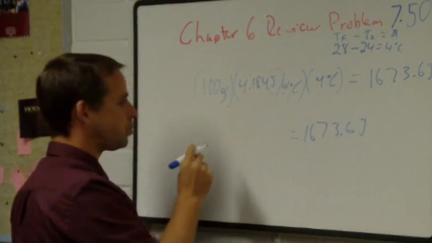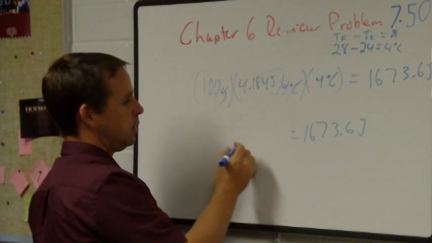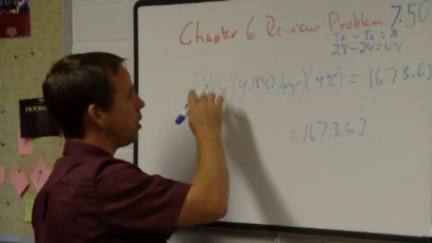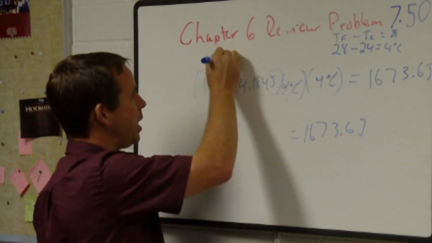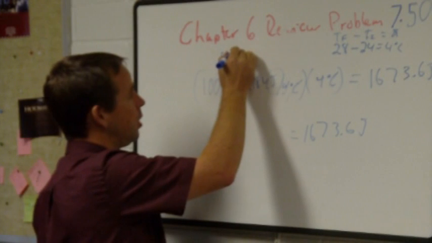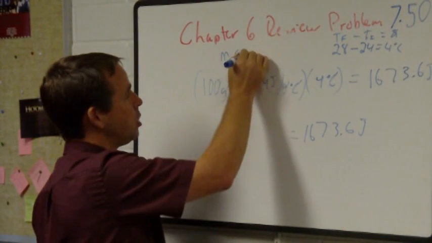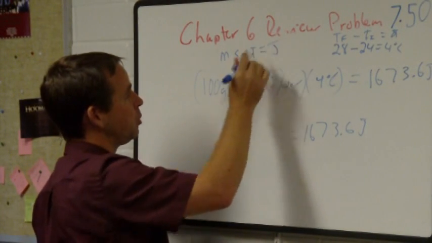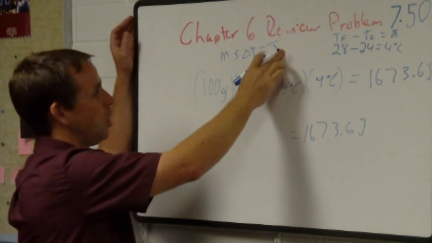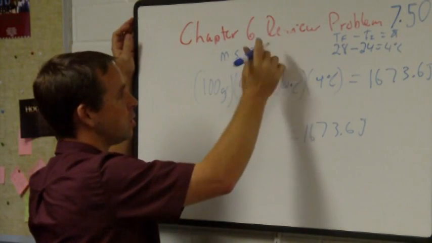All right, heat capacity. So the equations that we've been working with here are mass, specific heat, change in temperature, and multiply all those together, and that gives you Q, heat.